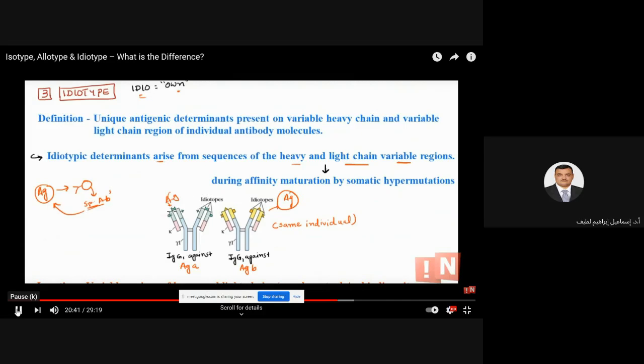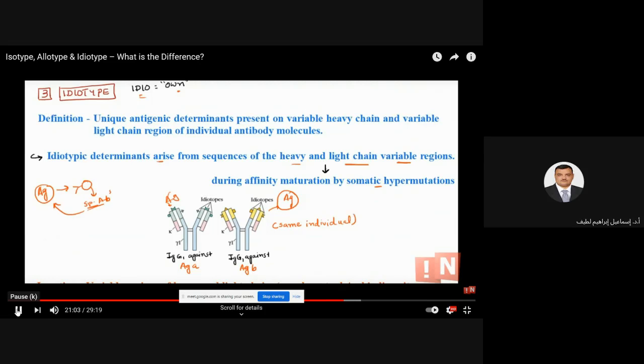When it encounters antigen, it is going to have somatic hypermutation, rearrangement of genes, and produce a specific set of antibodies. So these are called the idiotypes.